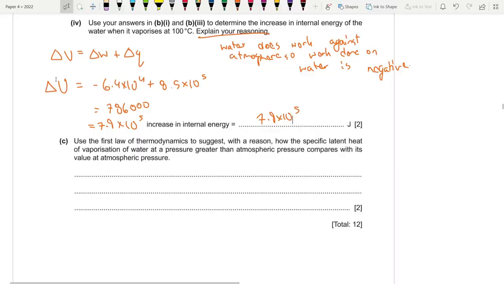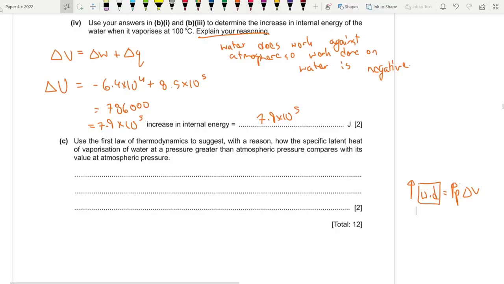Use the first law of thermodynamics to state with a reason how the specific latent heat of vaporization at a pressure greater than atmospheric pressure compares with its value at atmospheric pressure. Okay, so listen guys, we know that work done is P del V, right? So as you increase the pressure, the work done to vaporize will be more.